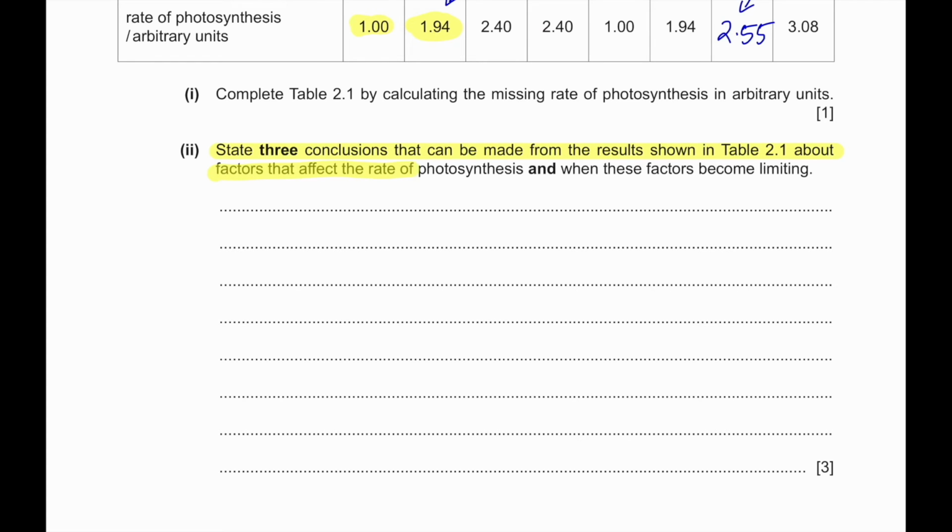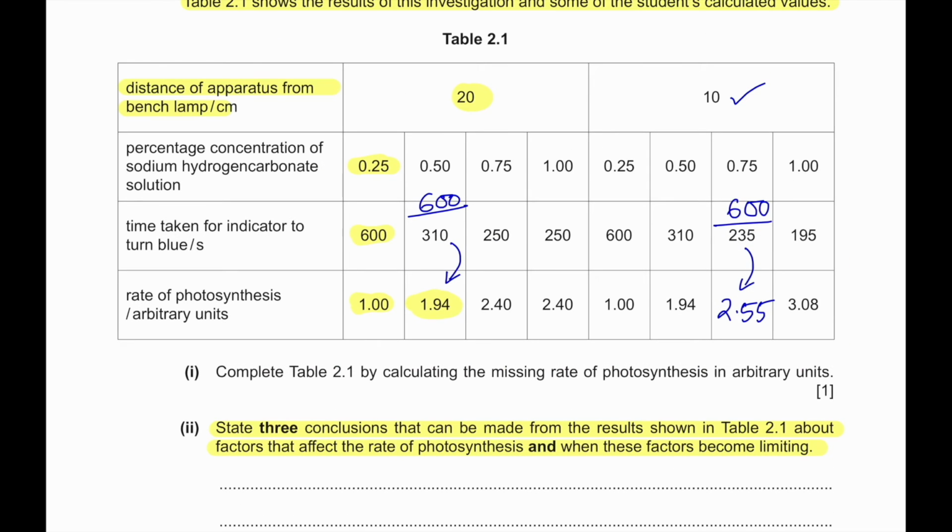The factors that affect the rate of photosynthesis and when these factors become limiting factors. So we can see in all of this, increasing the sodium hydrogen carbonate concentration increases the rate of reaction. However, it is only limiting until 0.75 mole per dm cube sodium hydrogen carbonate solution.